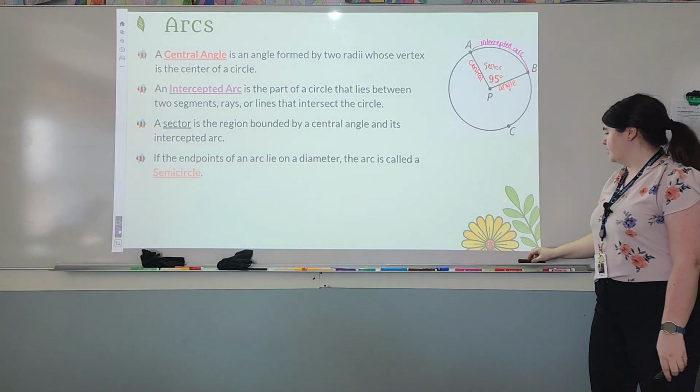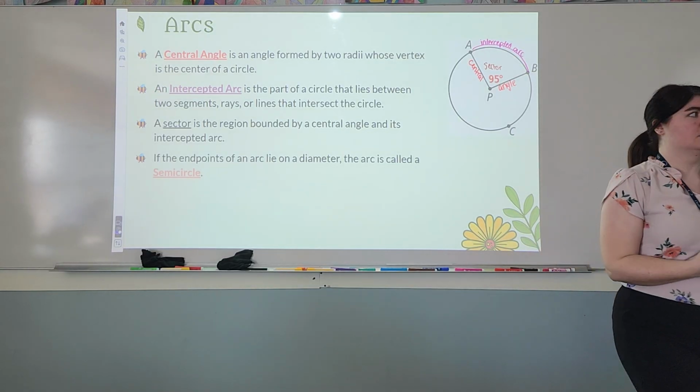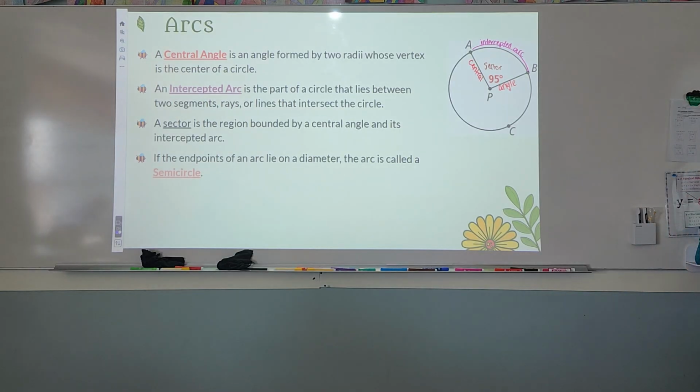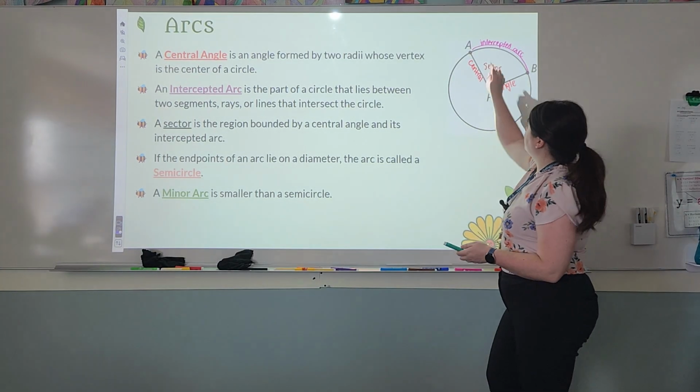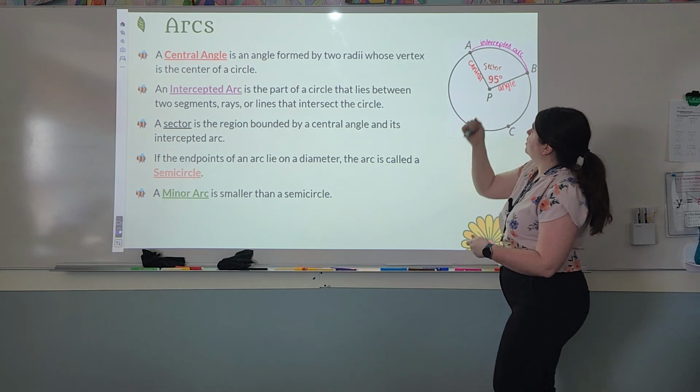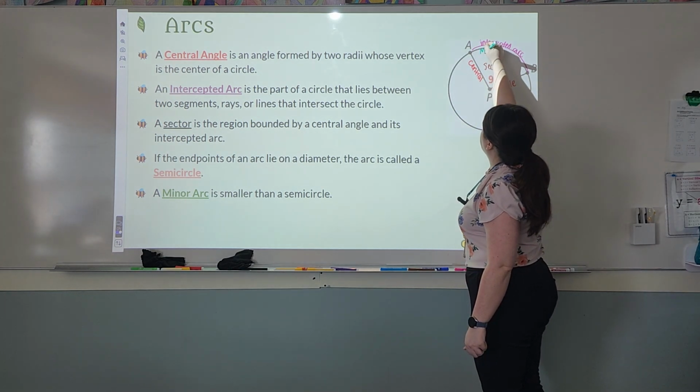If the endpoints of an arc lie on a diameter, the arc is called a semicircle. In this case, we do not have a semicircle. That is another way of saying half a circle. But we do have a minor arc. A minor arc is smaller than a semicircle. So this intercepted arc right here is also a minor arc.